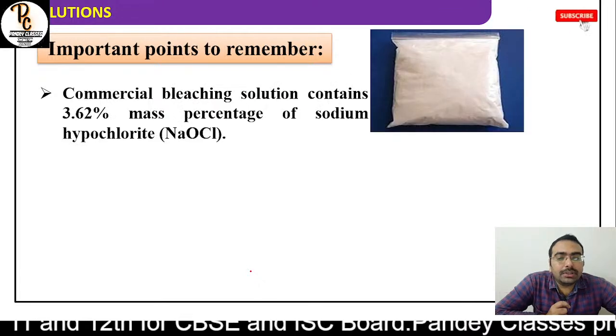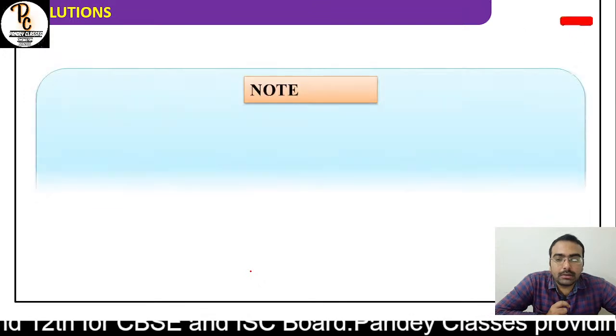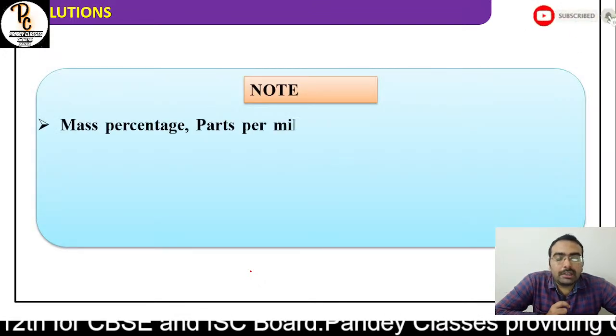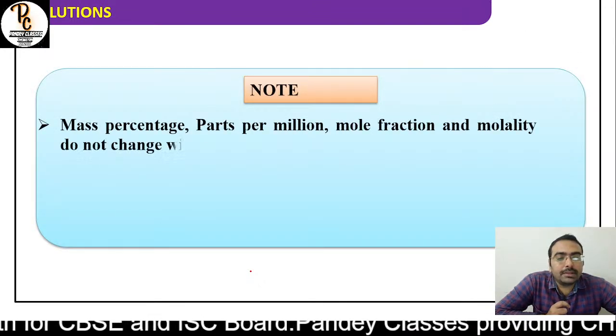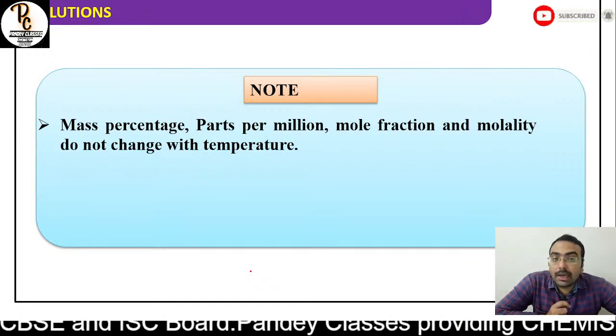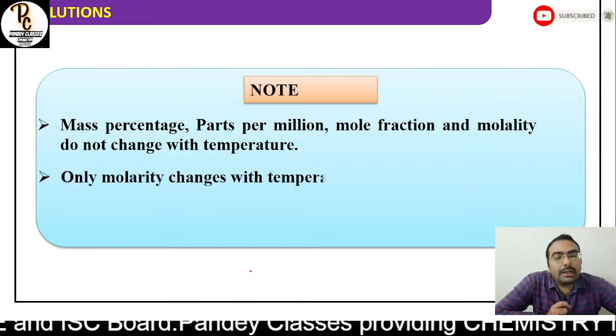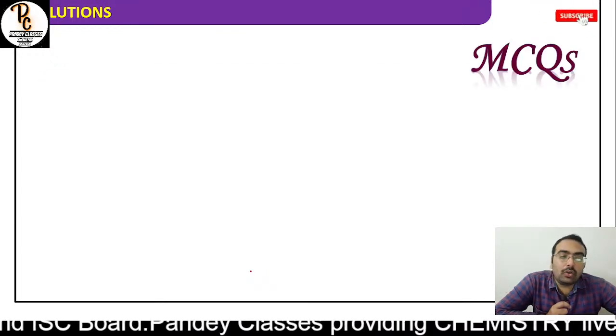Commercial bleaching solution contains 3.62 mass percentage of sodium hypochlorite. Mass percentage, parts per million, mole fraction and molality do not change with temperature. Always remember this, we can have an MCQ from this topic. Only molarity changes with temperature, and normality also.